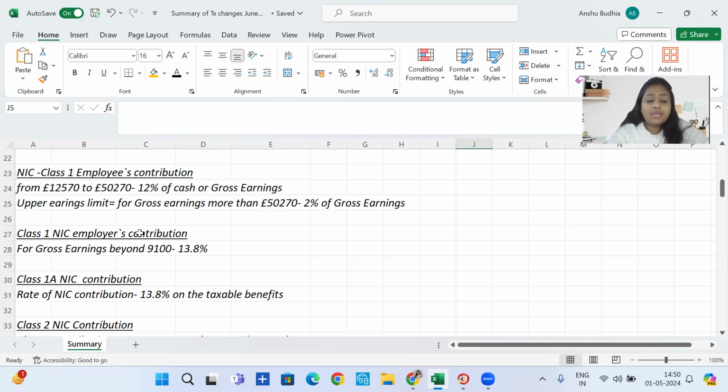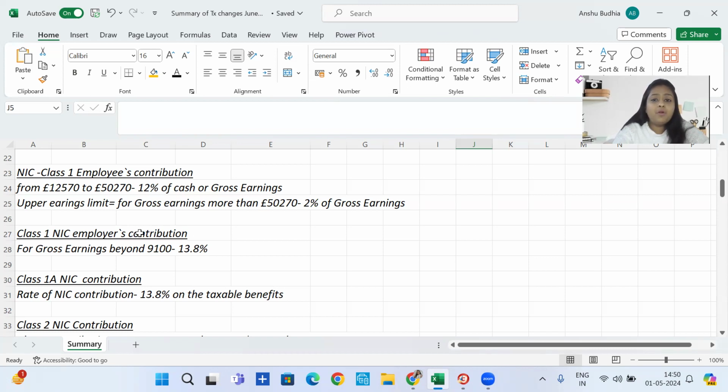NIC Class 1 employees' contribution, which is applicable in slab rates. The first slab is for gross earnings between 12,570 till 50,270 pounds, and the NIC rate is 12% of the cash or gross earnings. Beyond 50,270, the percentage would be 2%.